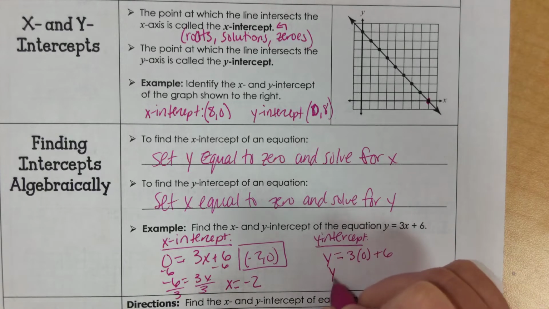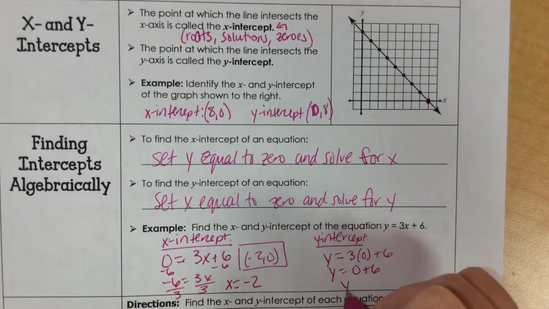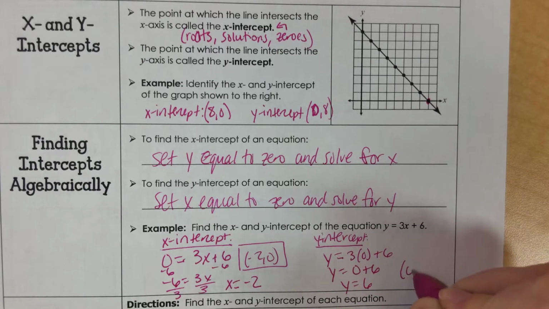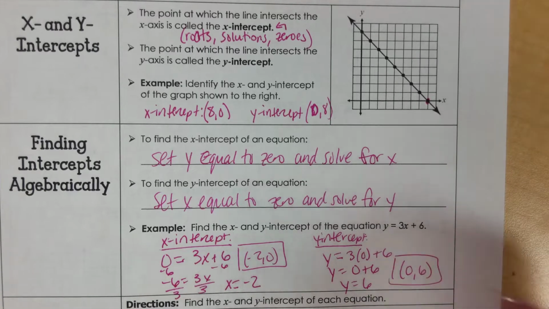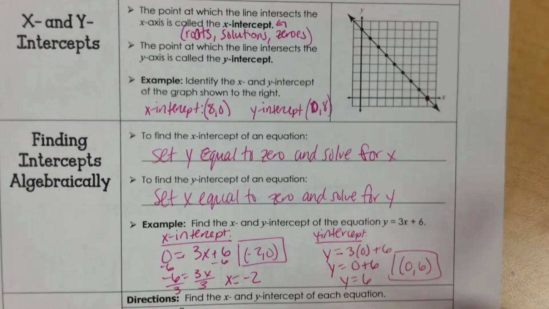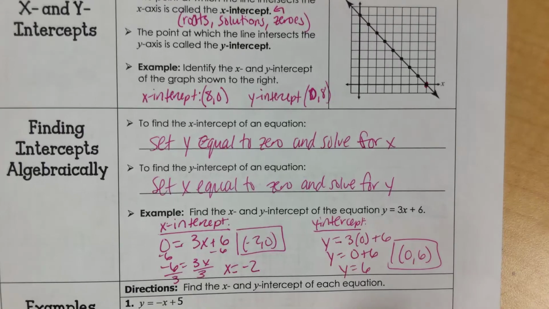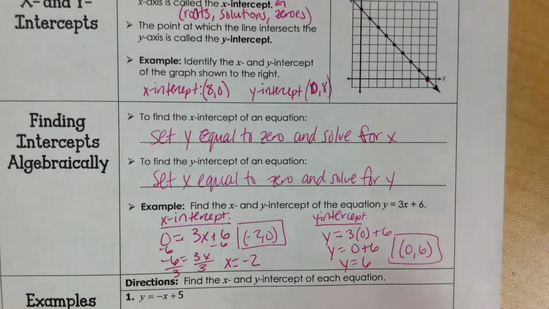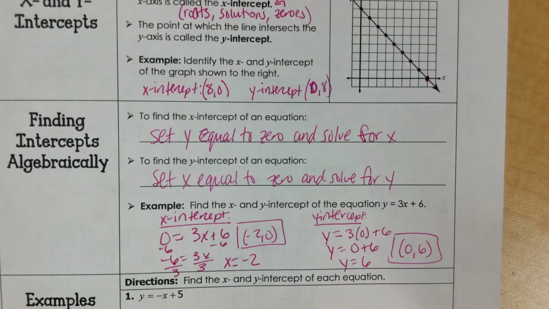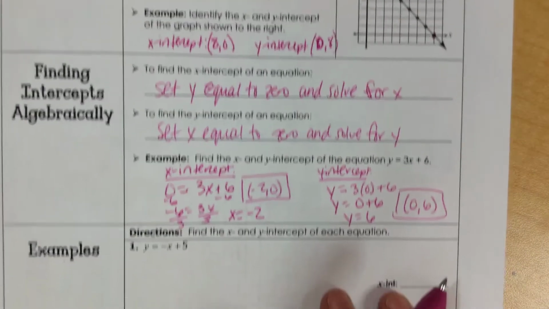So 3 times 0 is 0 plus 6, so y is equal to 6. That means that (0, 6) is our y-intercept for this equation. Okay, so algebraically it's really simple. We're just replacing the opposite variable with 0 and solving.